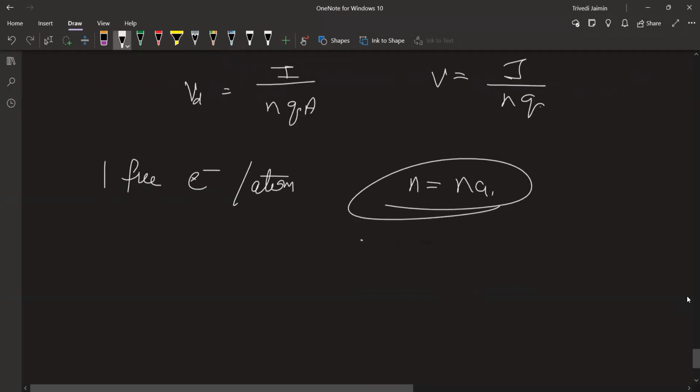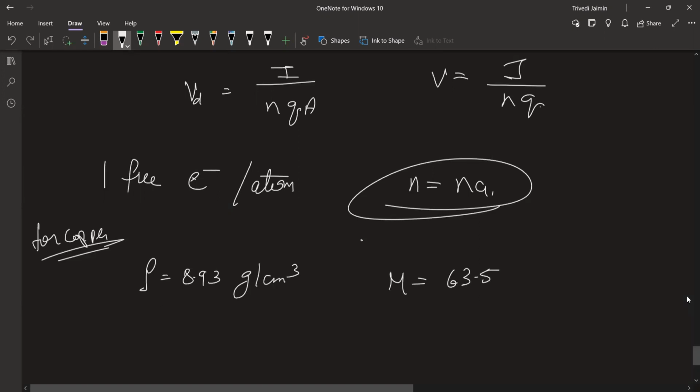The density of copper is 8.93. They didn't give it here, but generally they will give it, in gram per centimeter cube. No need to worry, but if you remember the standard value, then also okay. M is 63.5 gram per mole.